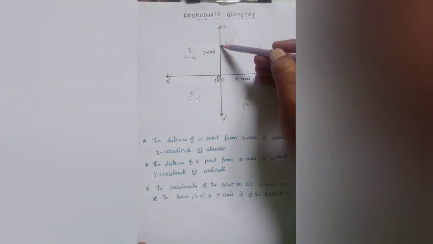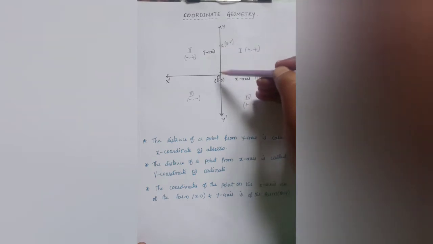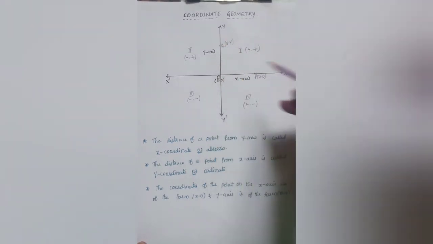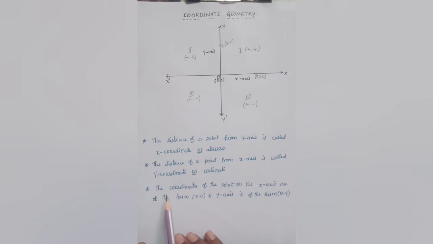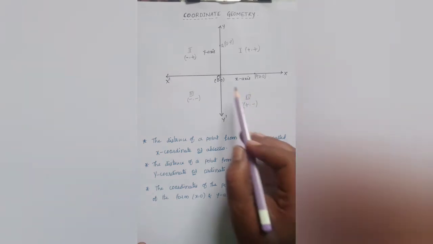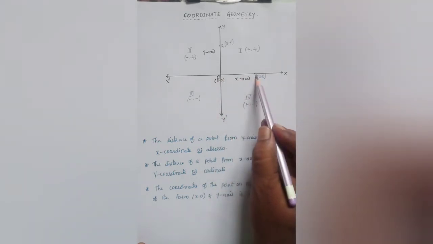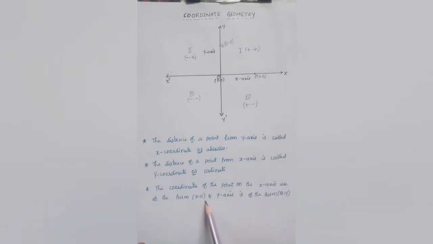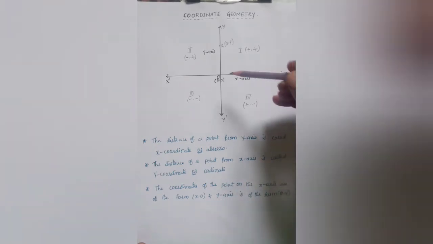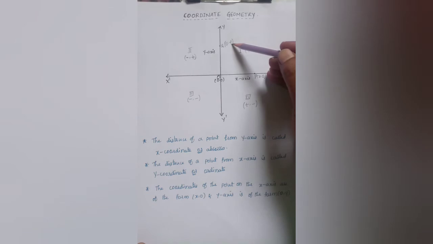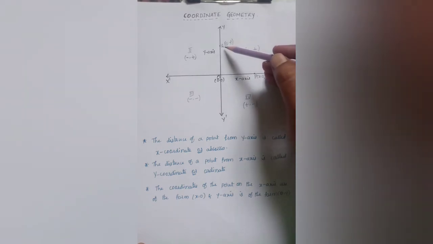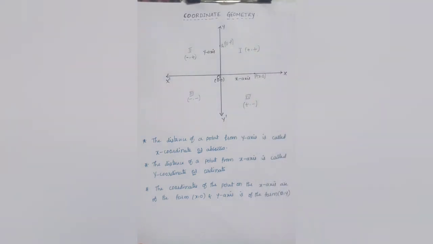From here to Q, this is the y coordinate, simply the ordinate. The coordinates of a point on the x-axis are of the form x comma 0, and on the y-axis of the form 0 comma y, because we always write the x coordinate first. We have already learned all these in your previous class.